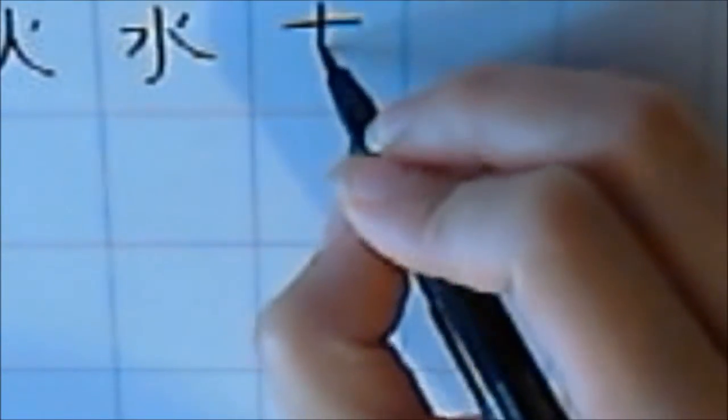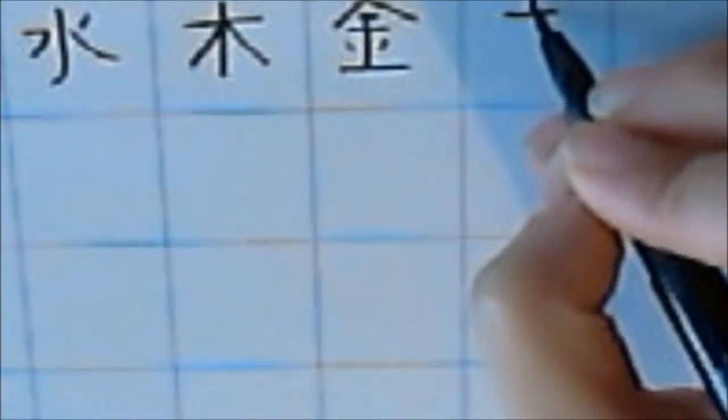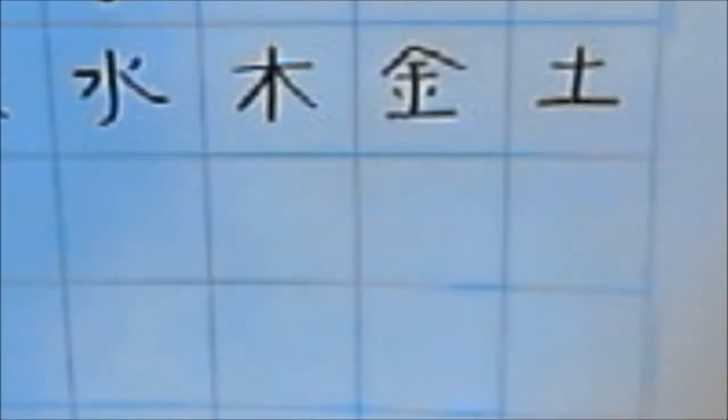You've got Mokuyobi, Kinyobi, and then Doyobi. And these are important if you want to learn how to write the days of the week.